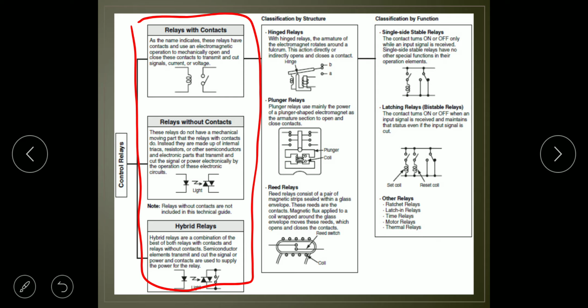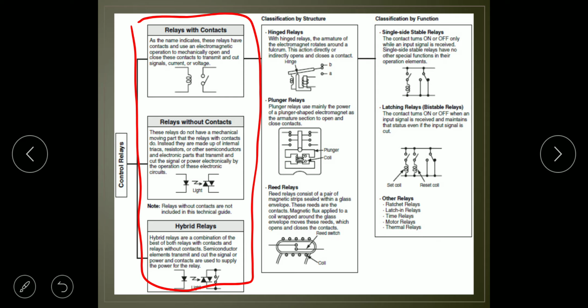So first is the relay with contacts. As the name indicates, these relays have contacts and use an electromagnetic operation to mechanically open and close these contacts to transmit and cut the signal, current and/or voltages.